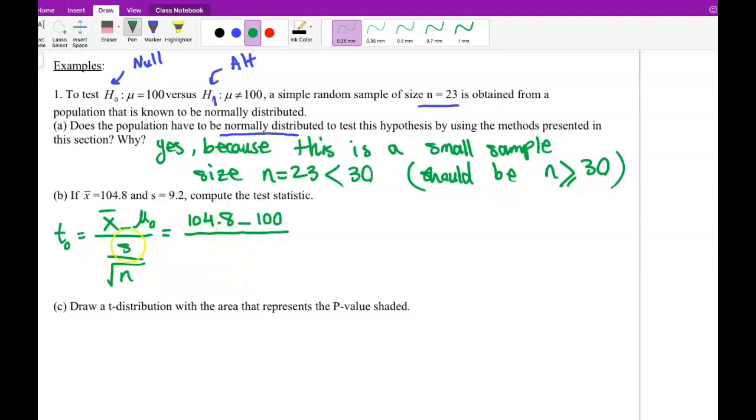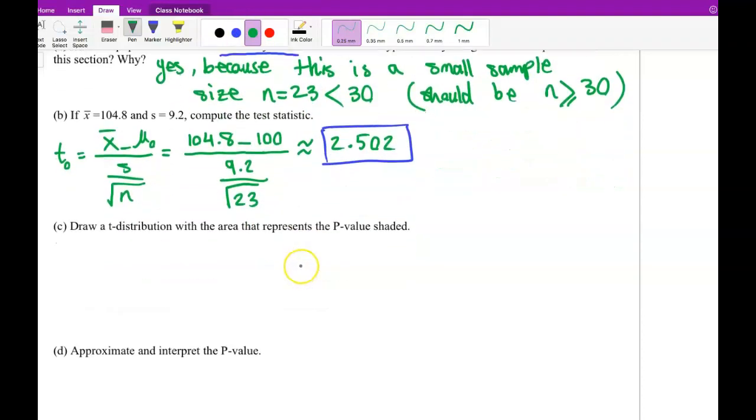Then the sample standard deviation is 9.2 divided by square root of n, which is 23. Rounding this, the answer is 2.502. So that was the final answer for part B.